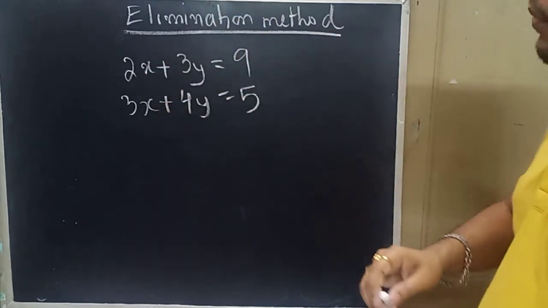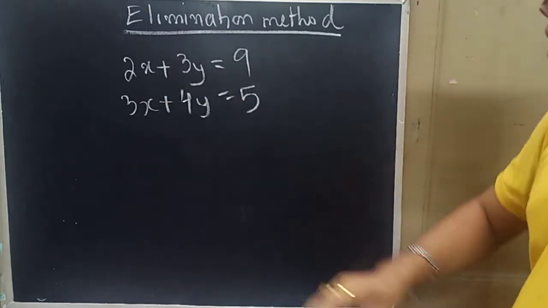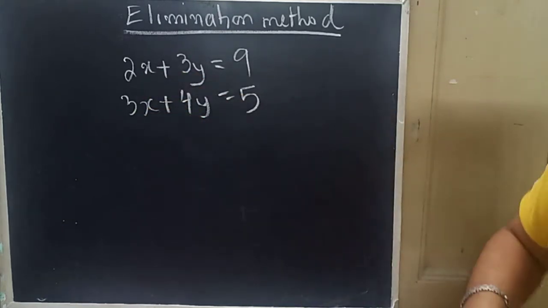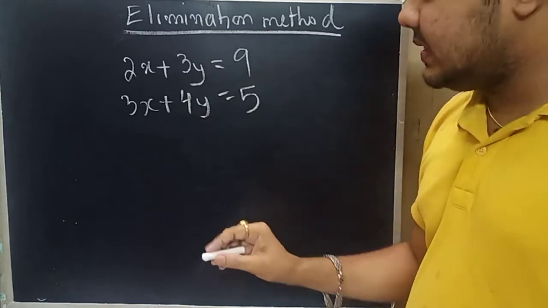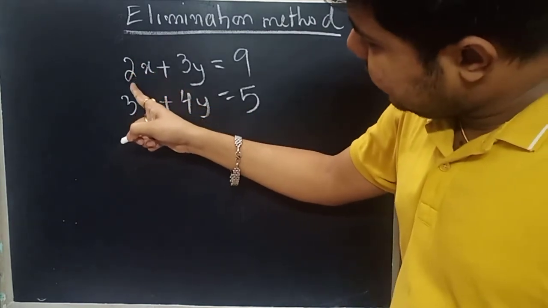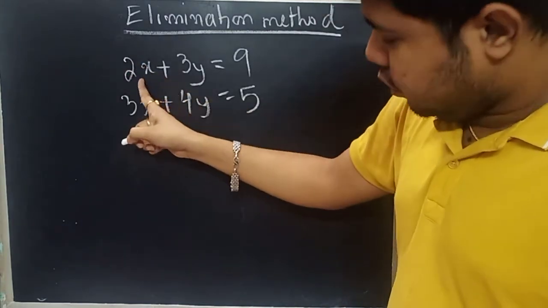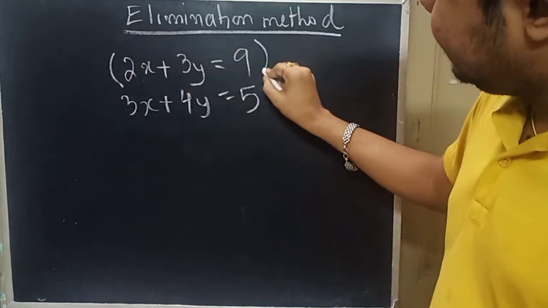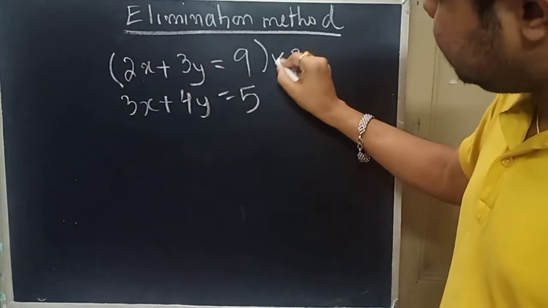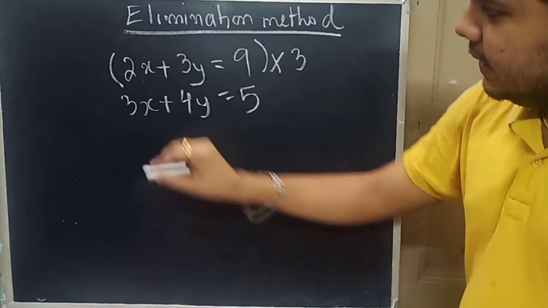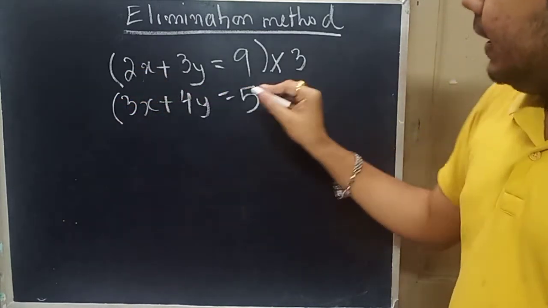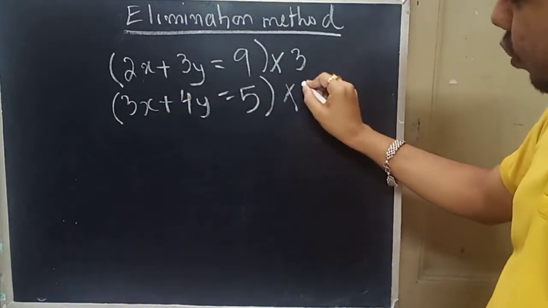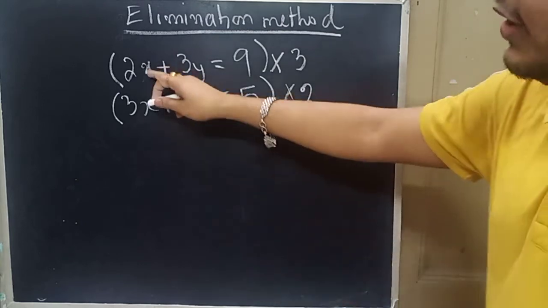So if I try to make both the x equal, say, so what will be the LCM of 2 and 3? The LCM of 2 and 3 will be 6. So what will I multiply to 2 to get 6? I have to multiply the first equation with 3, yes or no? To make it 6. Again, what I will multiply to 3 to make it 6? 2, yes or no? To make both the values equal.